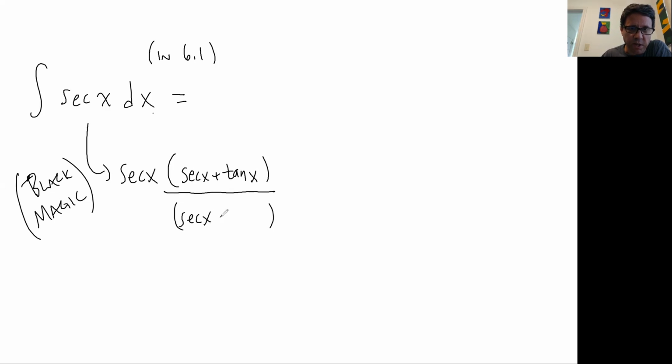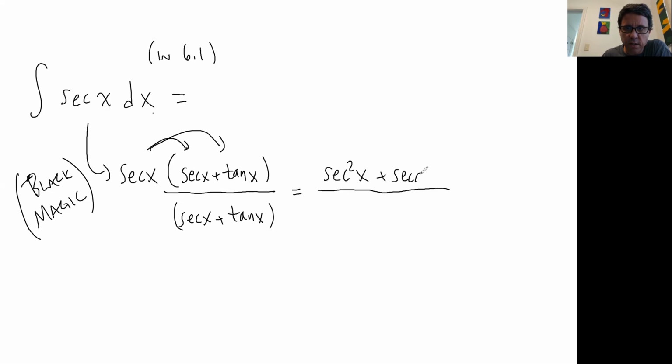just trust me for a second. Then distribute this out. So two steps: multiply the top and bottom by the same thing. Then the top will be secant squared plus secant x times tangent x, and the bottom is secant plus tangent.